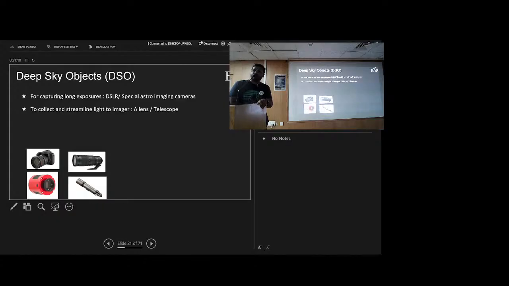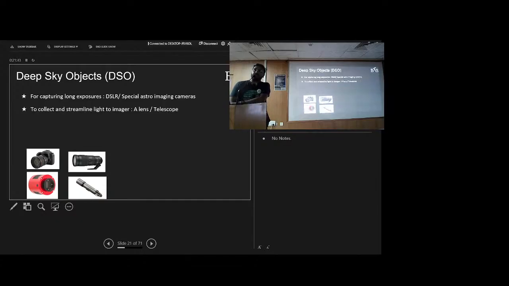Visually that is fine, but if I'm exposing for a longer time and recording images, then this fringe becomes very evident and visible. So in order to avoid that, color corrections are done using multiple lenses inside, and this makes the setup a little more complex. This setup is used for astrophotography, so you have special dedicated telescopes for astrophotography.